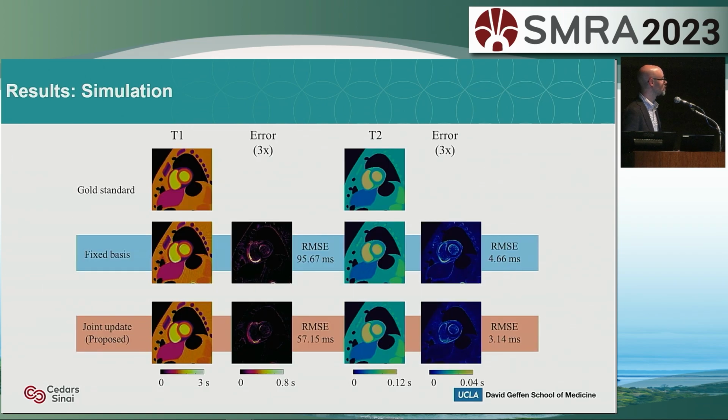So the middle row with the blue bar is the fixed basis, essentially the old way of reconstruction, and the orange bar on bottom is the joint update, so this is the new reconstruction. And sure enough, the root mean square error of the image went from almost 100 milliseconds to almost 60 milliseconds, and then a little bit of T2 as well improvement.